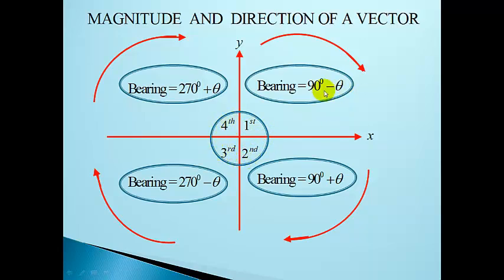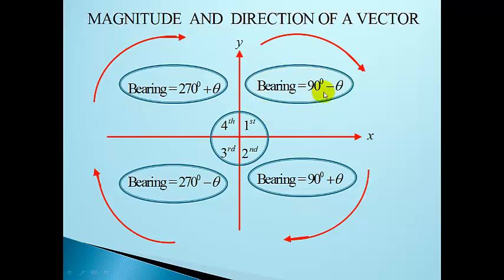Now, these are the rules in calculating for the bearings in all the 4 quadrants. When you fall in the first quadrant, bearing is equal to 90 degrees minus theta. Take note that theta is the angle always with respect to the x-axis.